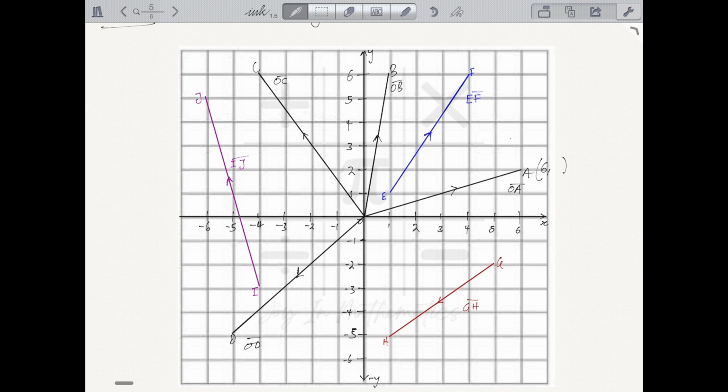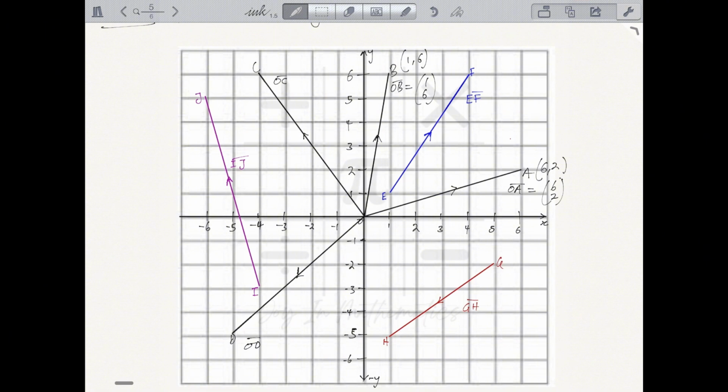Therefore, the position vector OA is 6, 2. Also for B, we look for the coordinate of B, which is 1, 6, and OB therefore will be 1, 6. You can see how easy it is.